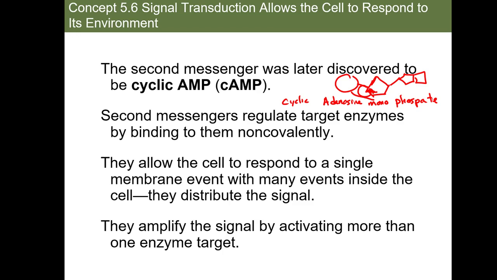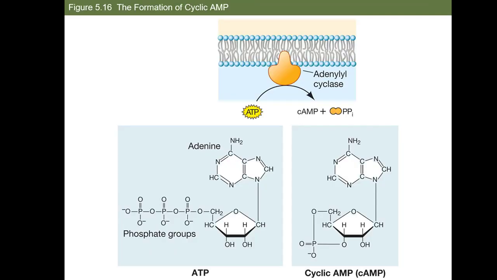Second messengers regulate targeted enzymes by binding to them non-covalently. They allow the cell to respond to a signal at the membrane with many events inside the cell. They distribute the signal, and they amplify the signal by activating more than one enzyme target. So the ATP gets made into cAMP plus 2 phosphates going off. Here is adenosine triphosphate, so you can see the 3 phosphate groups there, and here is the cyclic AMP.